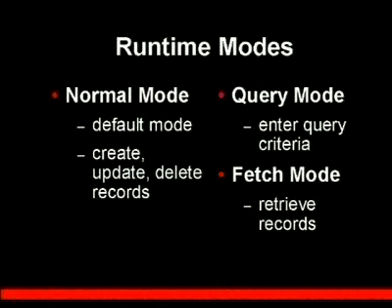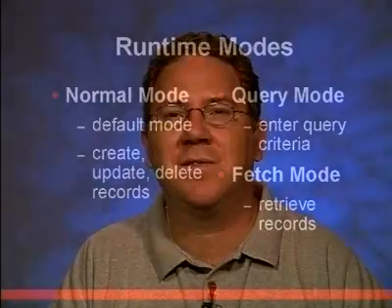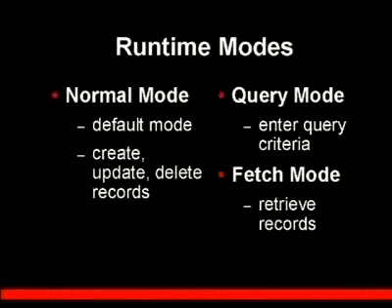So query mode means you're entering the query criteria. Let's say I just want to see all the students who have a first name that starts with B. That's my query criteria. And then fetch mode means after I've entered my query, now I want to fetch it.